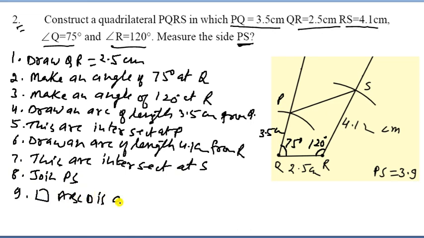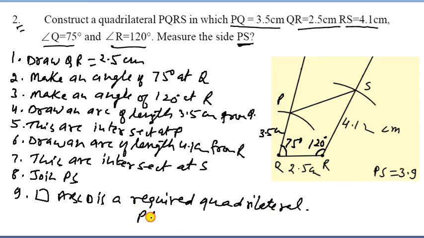So quadrilateral PQRS is the required quadrilateral. And the measurement of PS is 3.9 centimeters. So PS is 3.9 centimeters. So that is the answer.